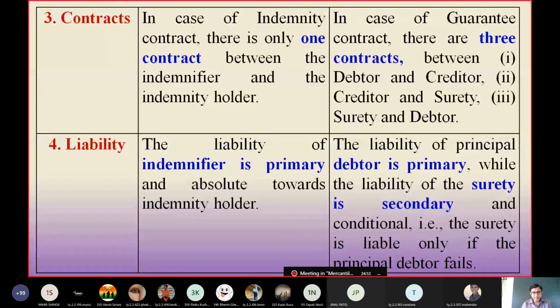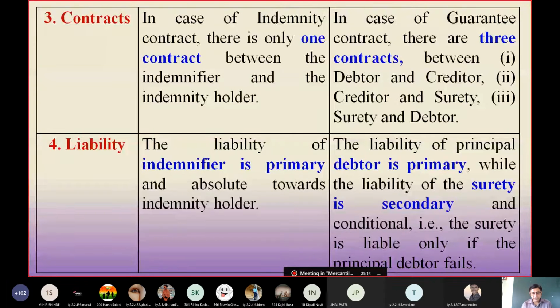The liability of the promisor, that is the indemnifier, is primary and absolute towards the indemnity holder. Who is liable if the event happens, sir?